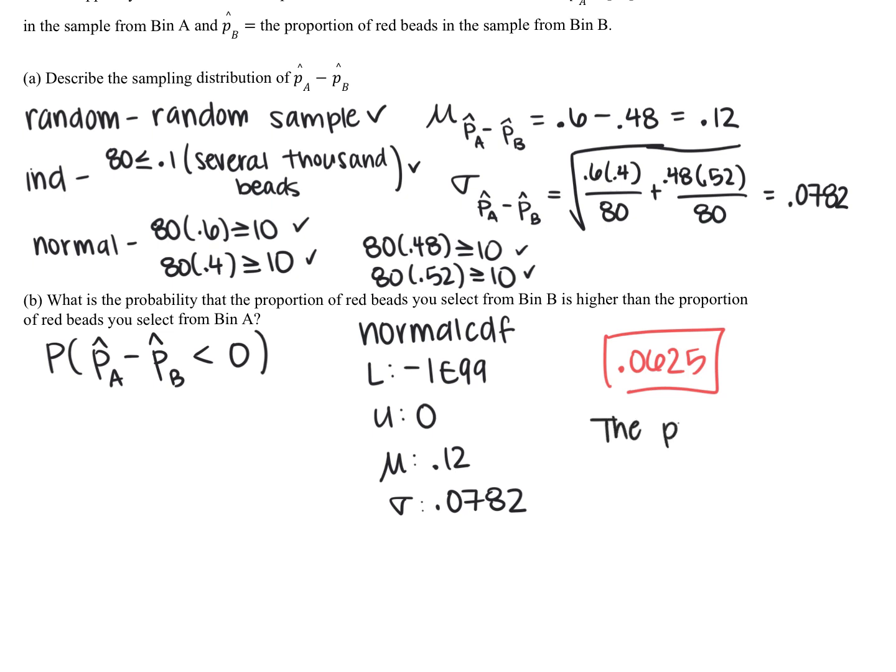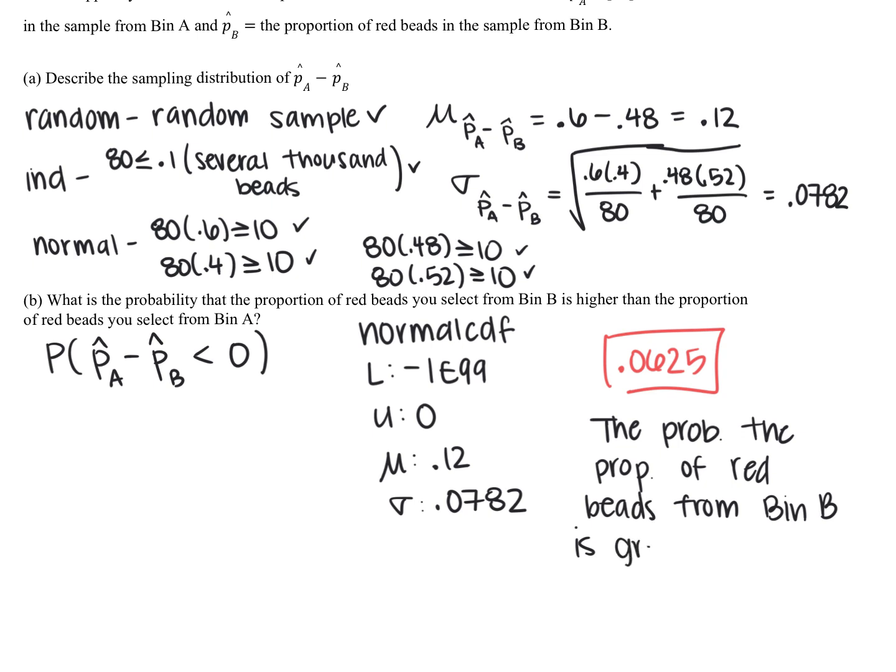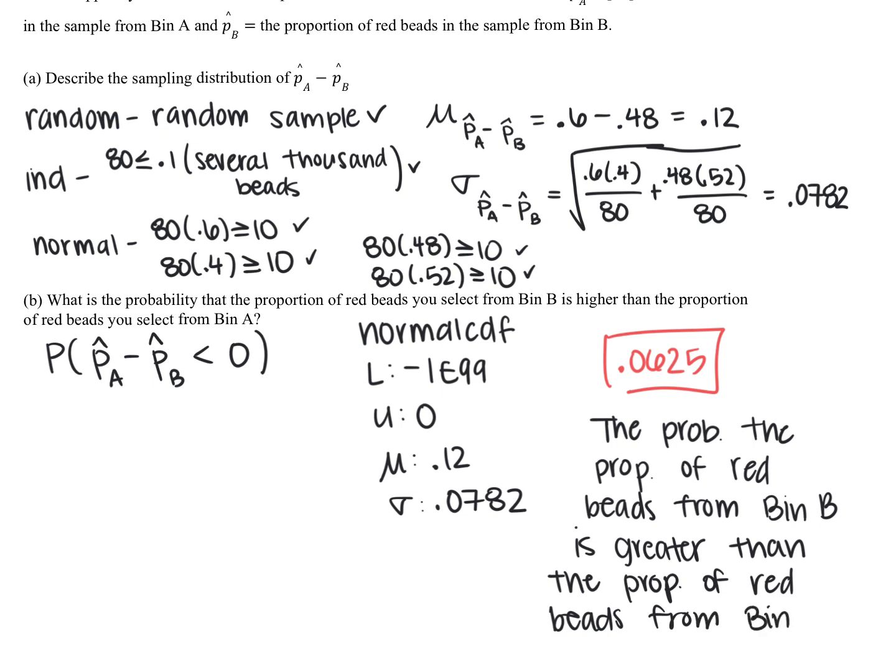So the probability the proportion of red beads from bin B is greater than the proportion of red beads from bin A is 0.0625.